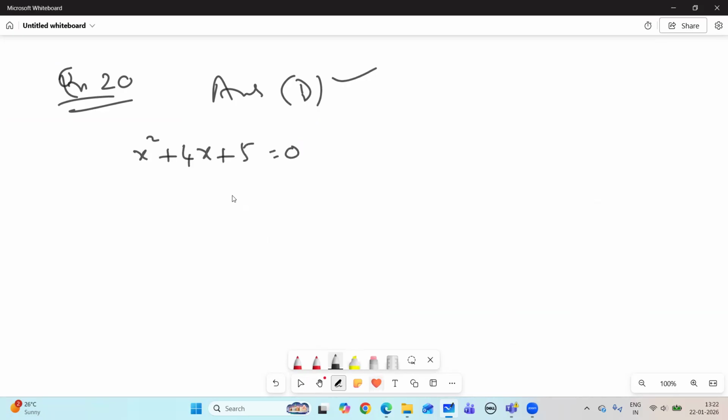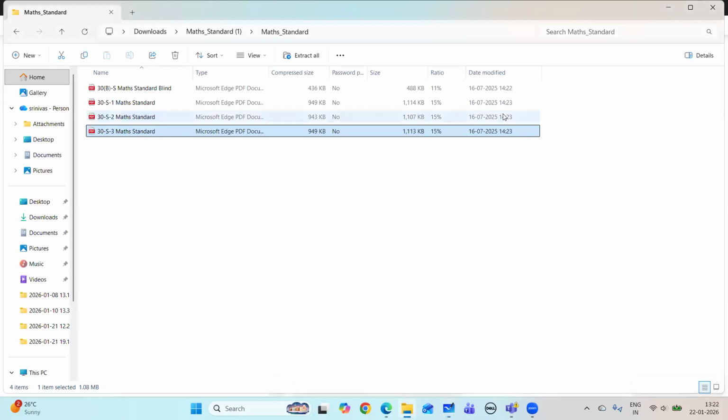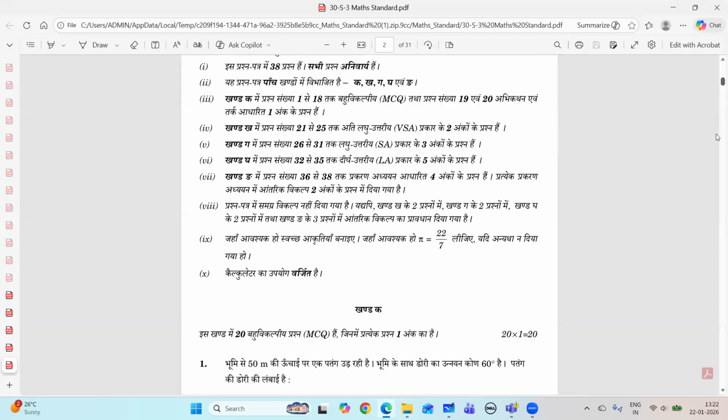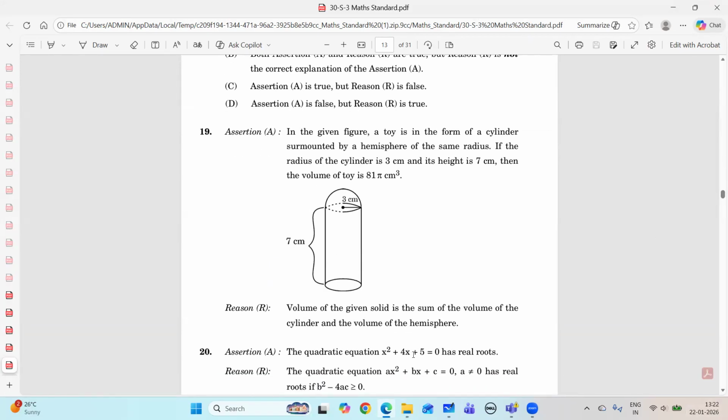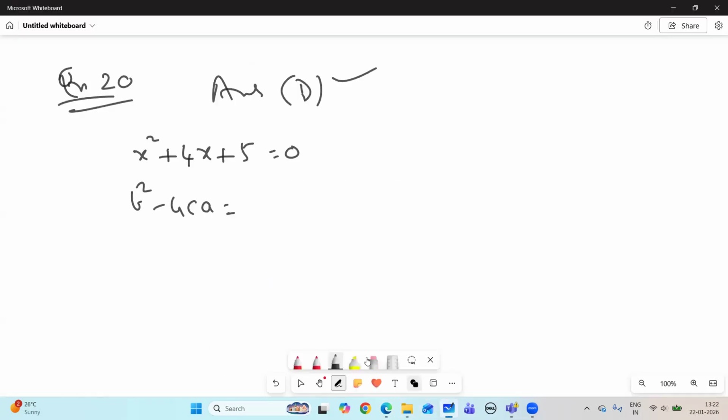For this, what is the discriminant? b square minus 4ac. b is 4 square minus 4 into 5 into 1.